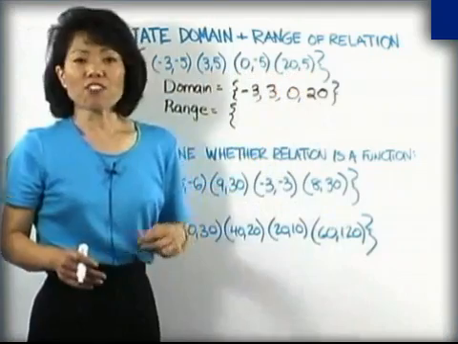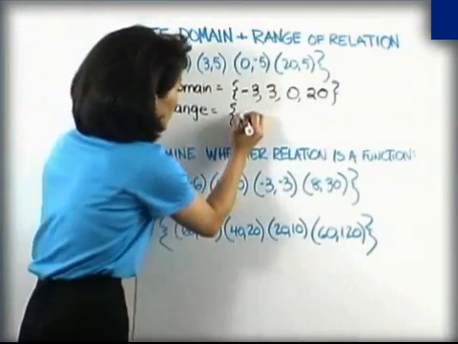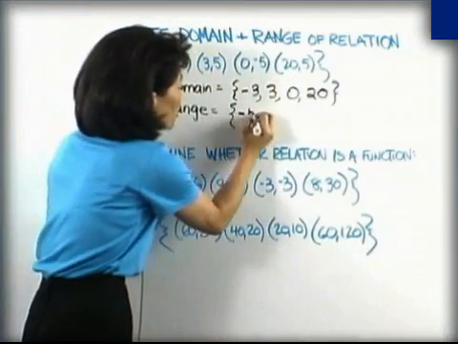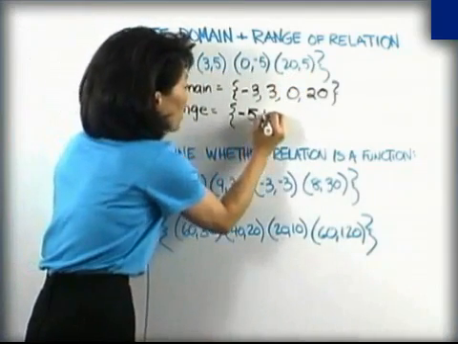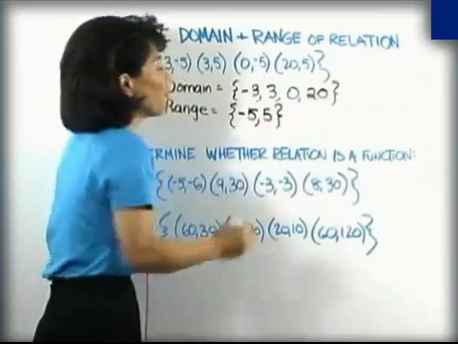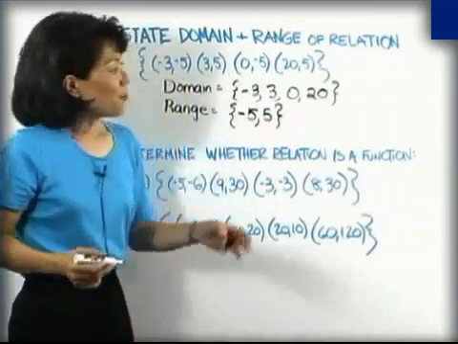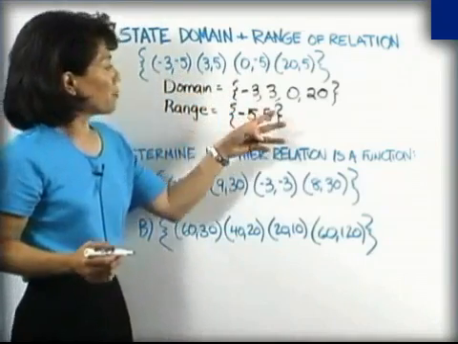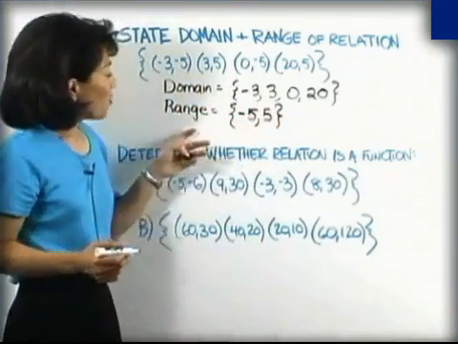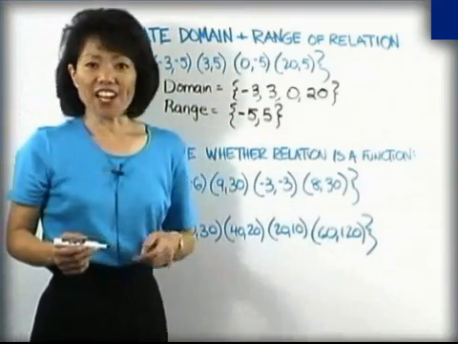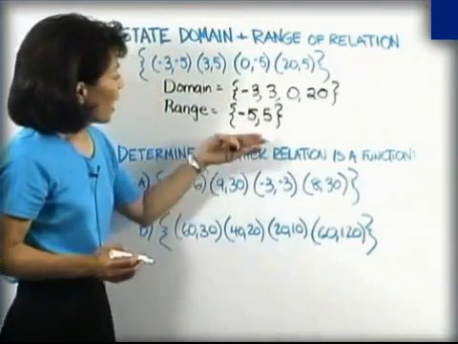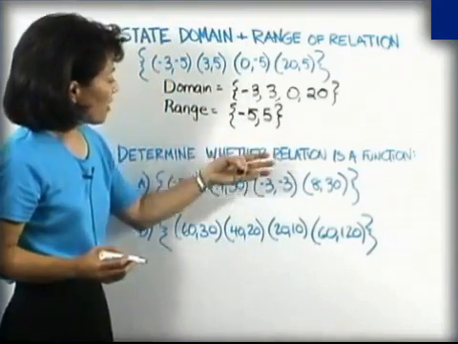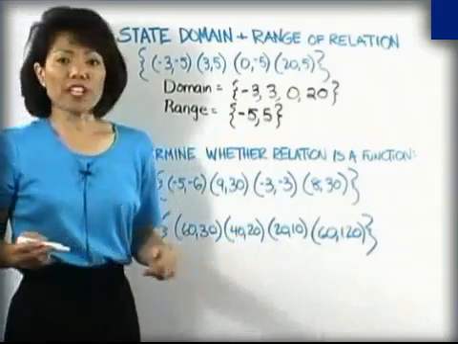Because we don't have to relist any of our range here, we're going to list our range as simply -5 and 5. So for this relation, the domain is -3, 3, 0, and 20, and the range is the set of -5 and 5.